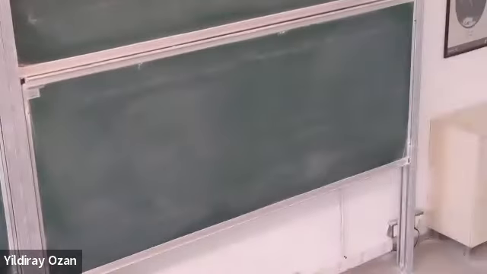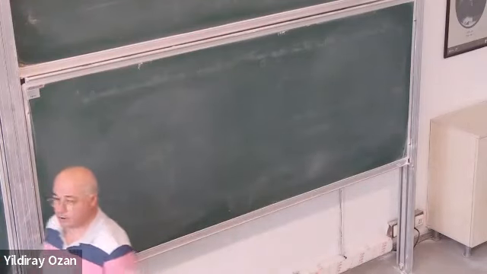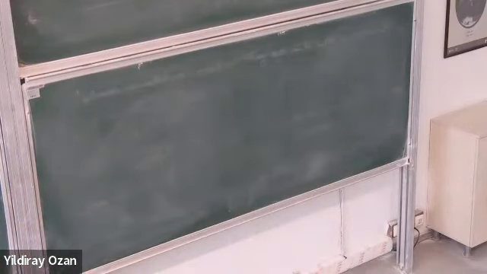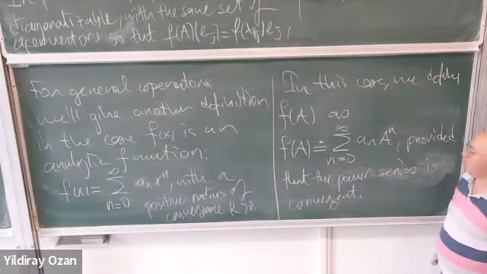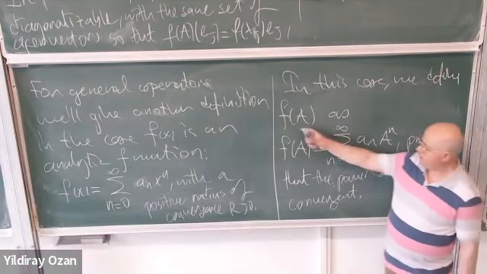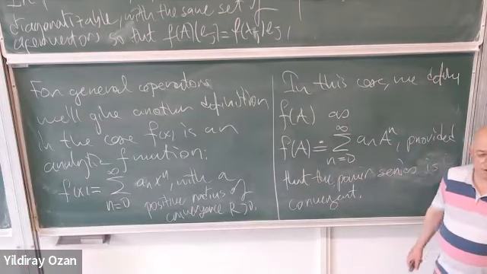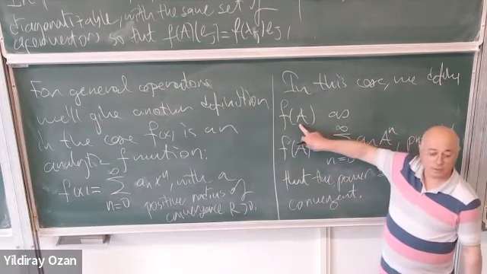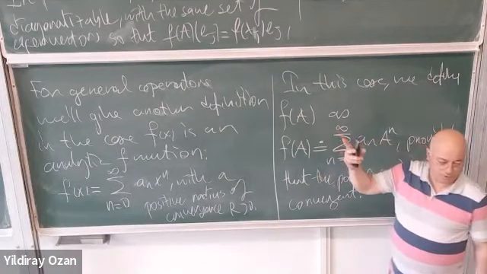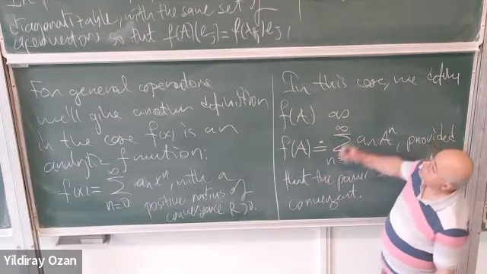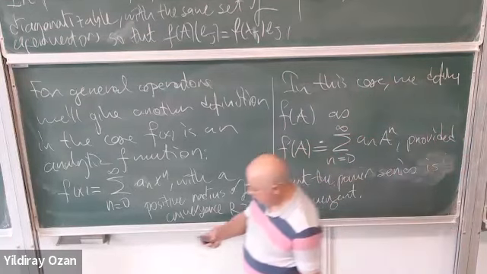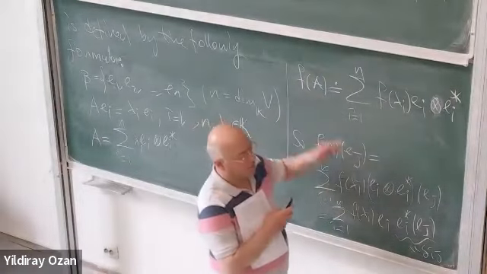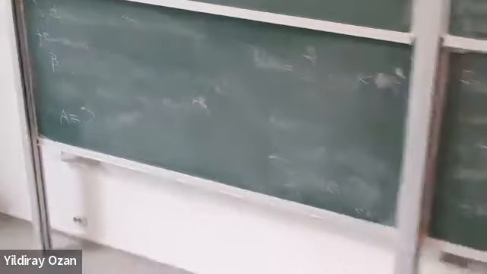The observation is the following. I said this is the definition for a general operator. Here, A doesn't need to be a diagonalizable operator. However, if A is diagonalizable, then we have two definitions for f of A. One definition is this one, and this is the second definition.